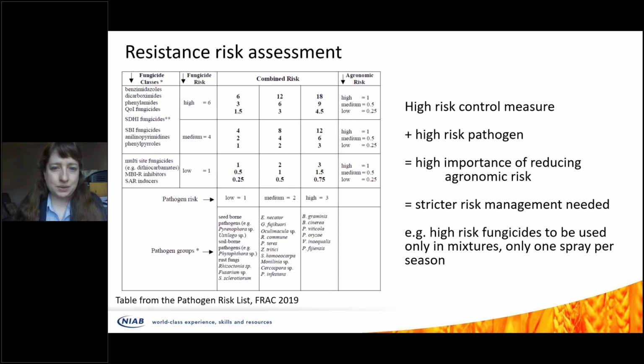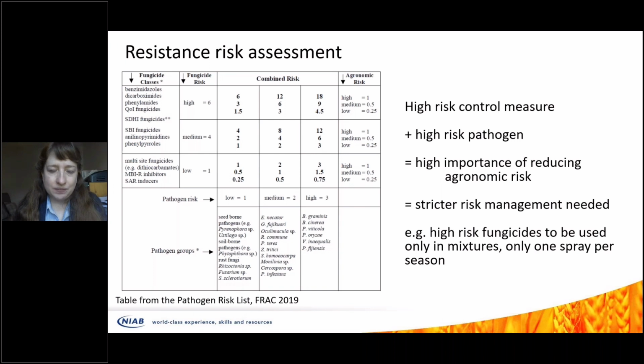But then we have the agronomic risk, and these three factors multiply together. So if you have high-risk fungicides being used against a high-risk pathogen, then it's especially important to consider resistance management to bring down the agronomic risk as a way to reduce that total.